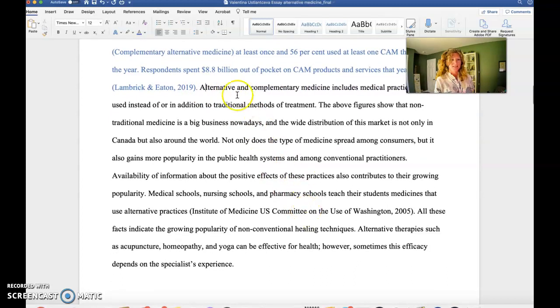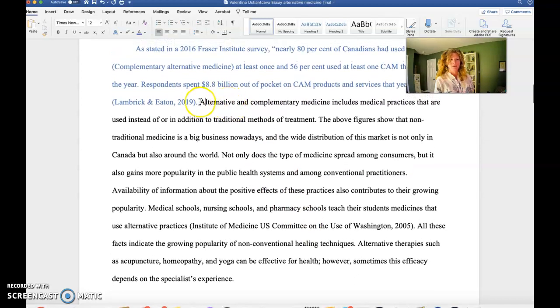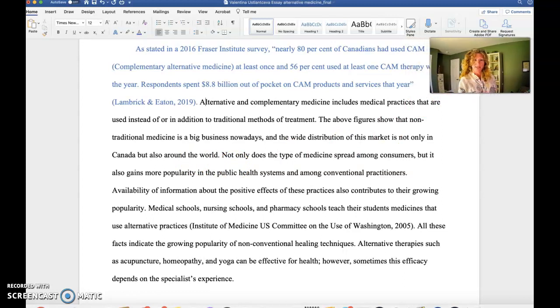And let's look at the background. Alternative and complementary medicine includes medical practices. So, okay, here she gave a little definition. She talks about the figures showing that it's a big business nowadays, that the wide distribution of this market is not only in Canada, but around the world. So she's giving a little bit of a world view, so we have a better idea of where we're talking about, okay?